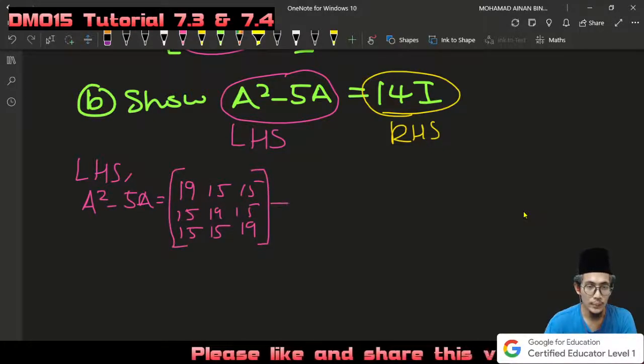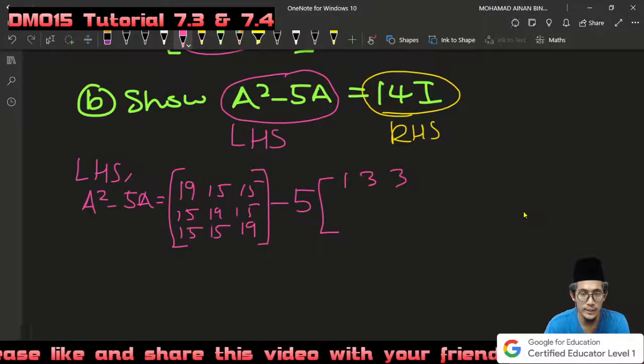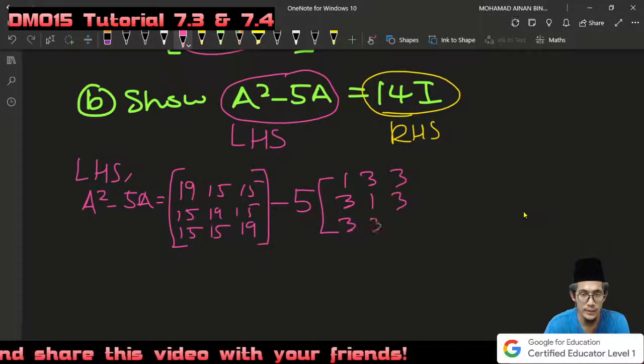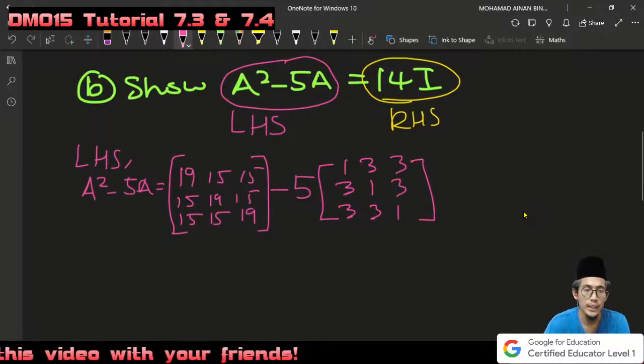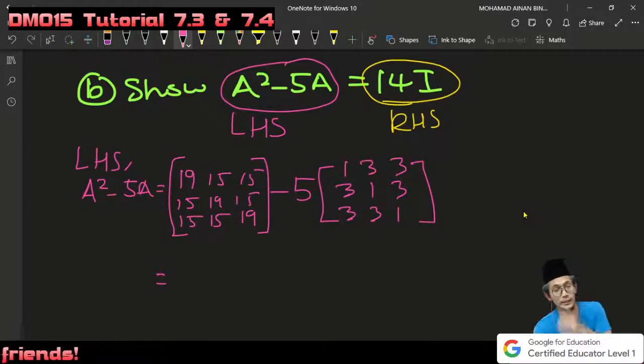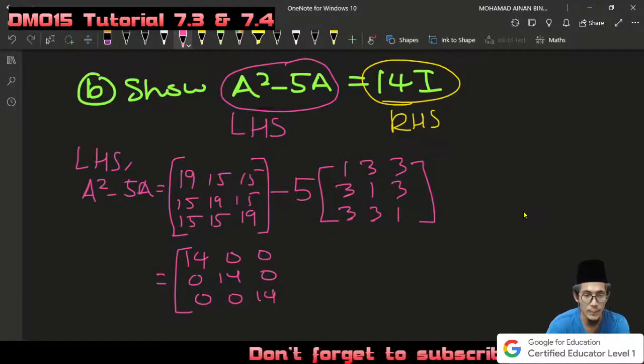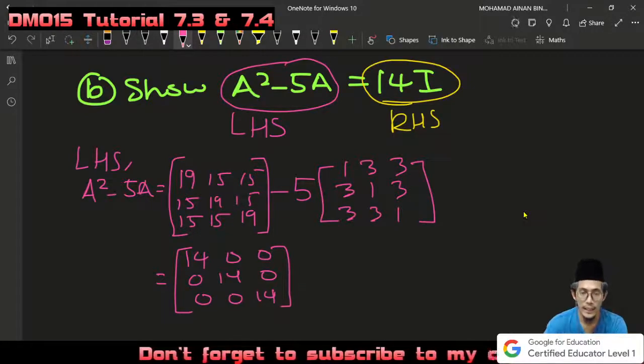Okay, tolak apa? Tolak 5A. A apa? 1, 3, 3, 3, 1, 3, 3, 3, 1. Okay, and then kamu tolak lah. Bila kamu tolak satu persatu, kamu akan dapat 14, 0, 0, 0, 14, 0, 0, 0, 14. Okay? Dah. Dapat ini. Stop.